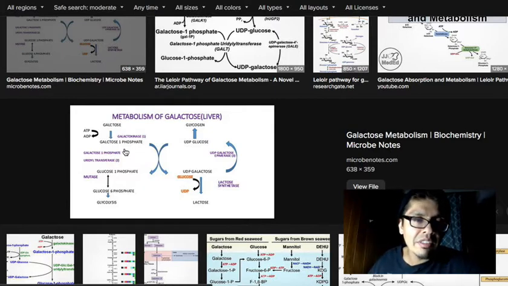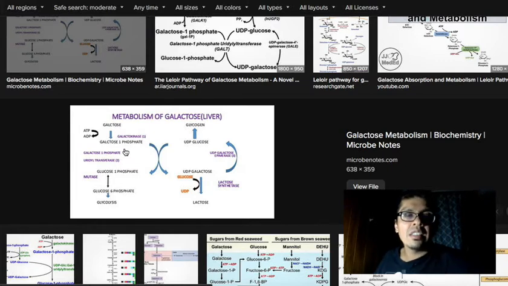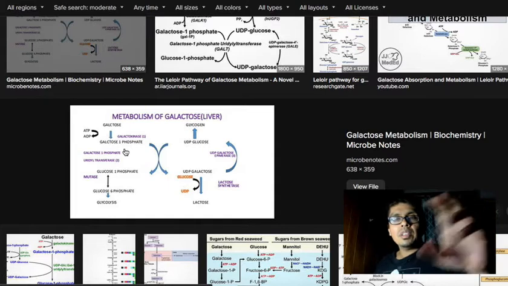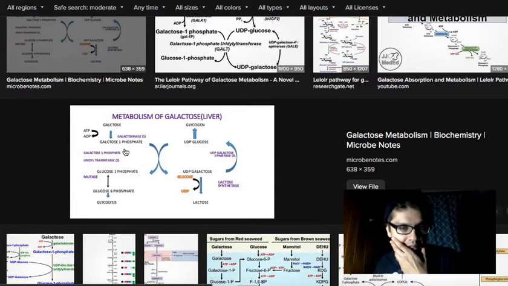Galactose 1-phosphate uridyl transferase essentially takes the UDP, which is uridine diphosphate, off of the UDP glucose, and puts it on the galactose, and thus creates UDP galactose.